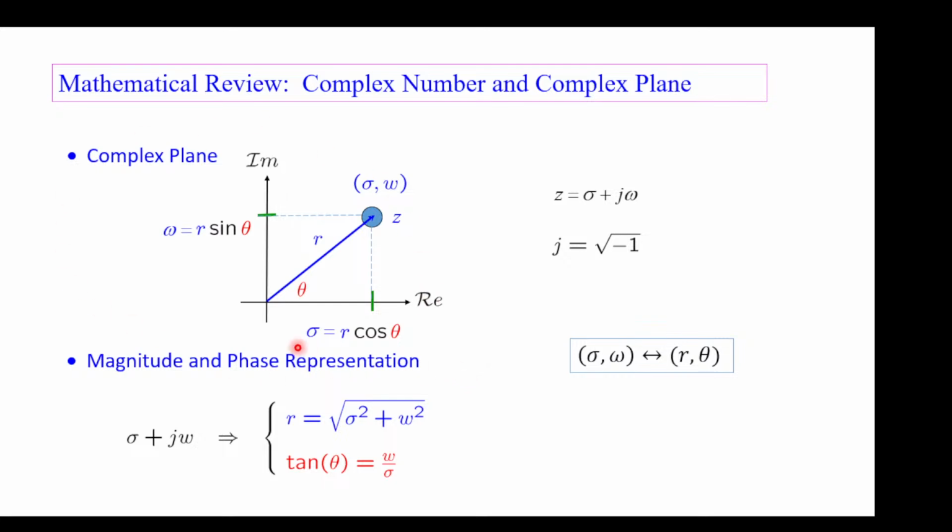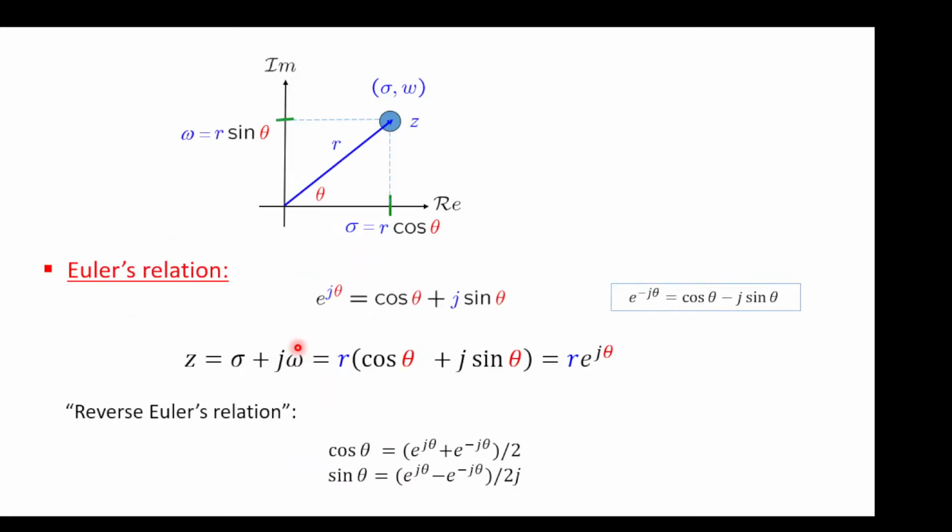Okay. So that's some geometry here, and now we see something actually interesting. In calculus, you should have learned Euler's relation. This relation lets us express the complex number in polar coordinate really nicely. Euler's relation says that e to the j theta equals cosine theta plus j sine theta for every theta.